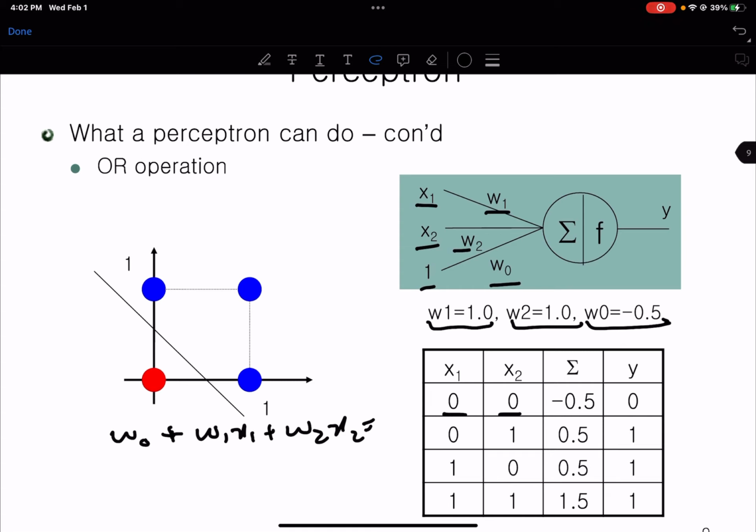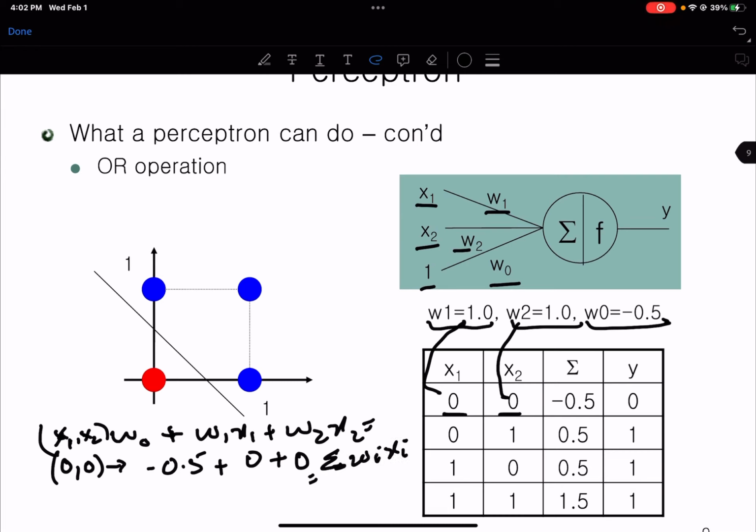we put the values of x1 and x2. W naught is minus 0.5 plus w1 into x1 0, w2 into x2 is 0, and the summation of these wi's and xi's is 0.